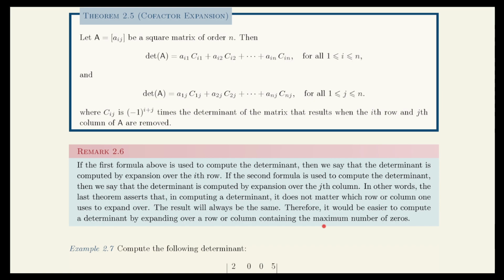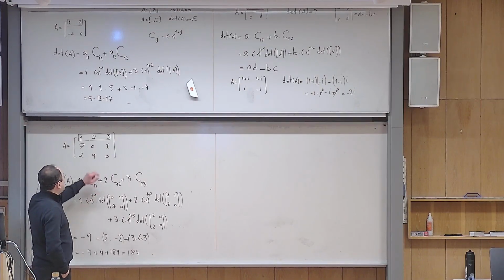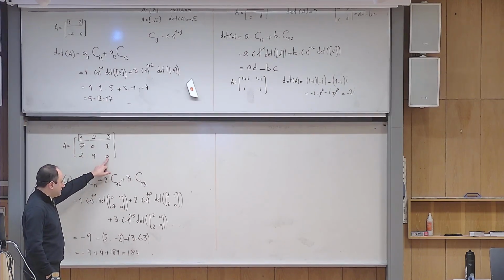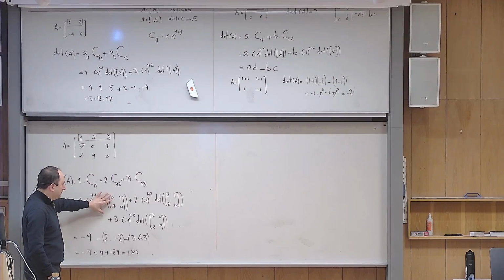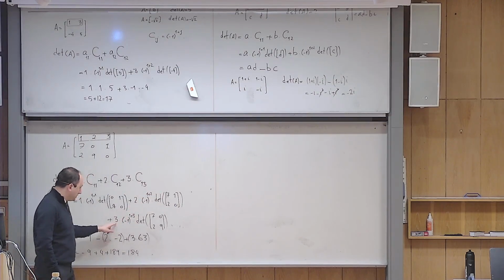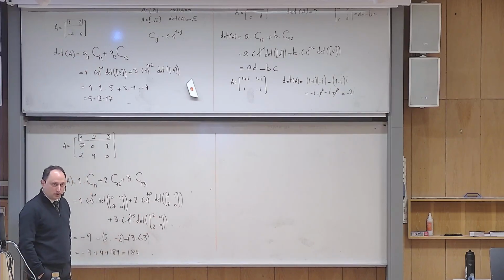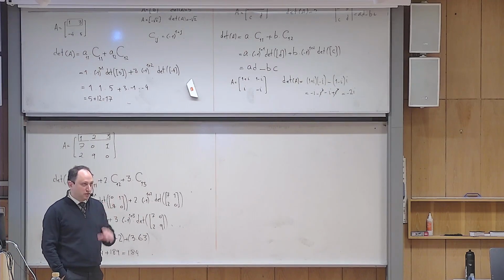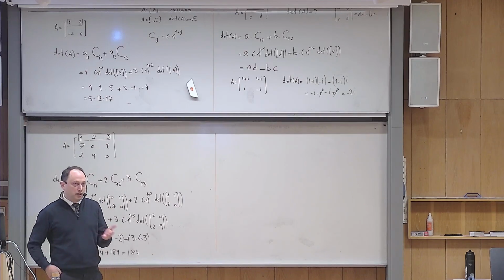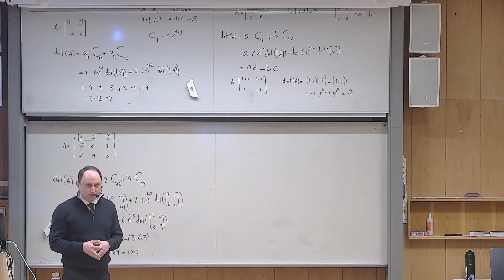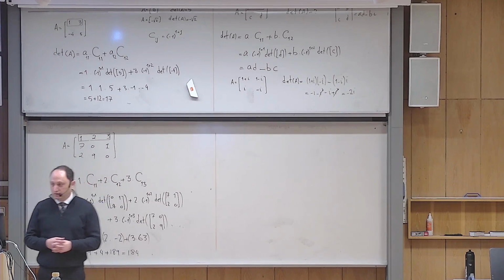Because if, for example, I started the expansion on the third row, I will have something similar here, something similar there, but then this one is 0, so I don't need to bother even to think about that, because that is gone. So that is the trick. If you see that there are more zeros on any column or any row, it is preferable to start on that row or column to calculate the determinant.